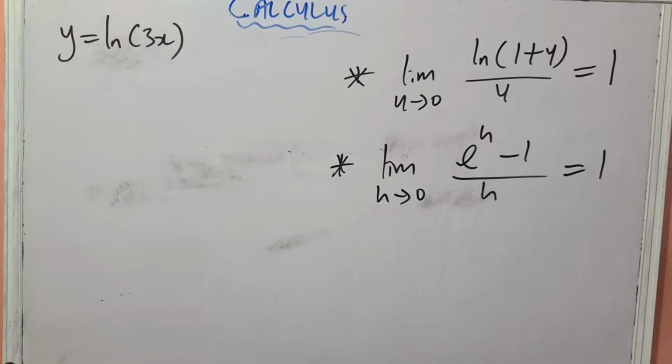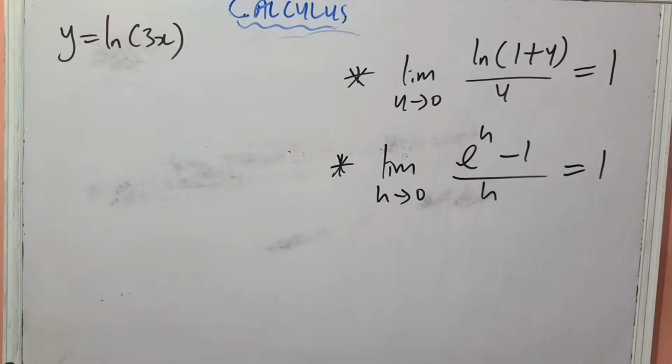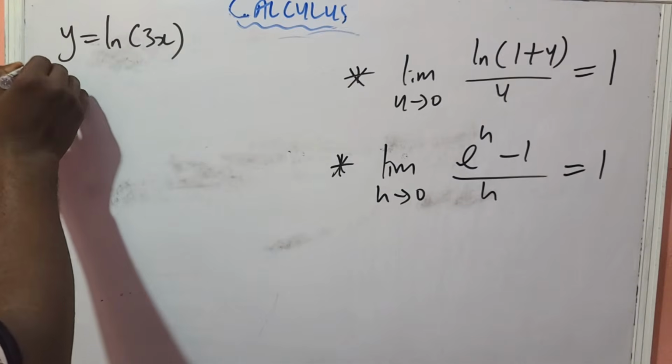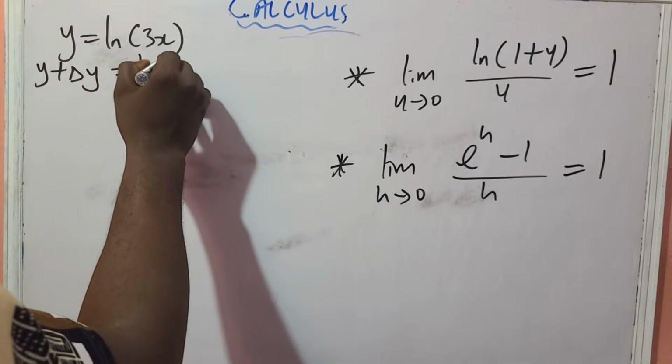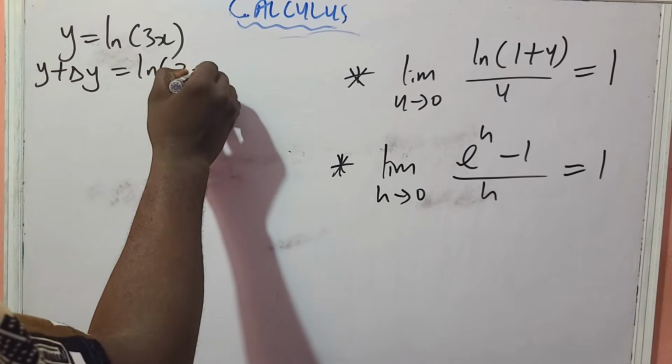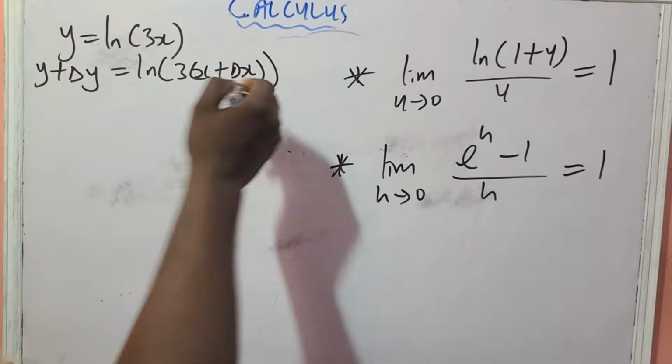All right? Now, ln 3x. We want to use first principle to solve ln 3x. Of course, it's the same process, the same steps. What's the first thing you want to do? You want to increase the x and y variable. I'm sure nobody argues with this.